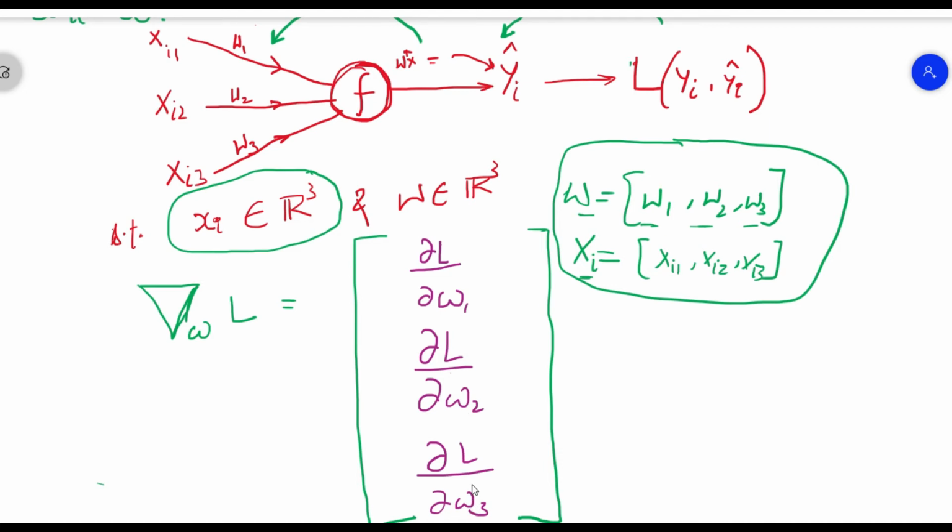This may go up to the number of components that our W vector has. Because W1, W2 and W3 are the components of our weight vector W, we group them as a column vector and represent it using the delta symbol, which represents the derivative of L with respect to vector W. We use this representation whenever we are differentiating a function with respect to a weight vector.